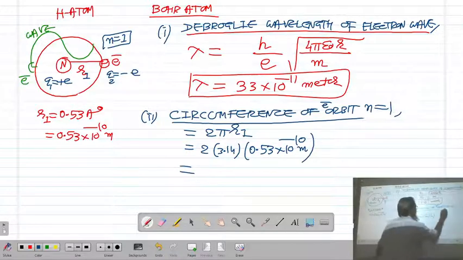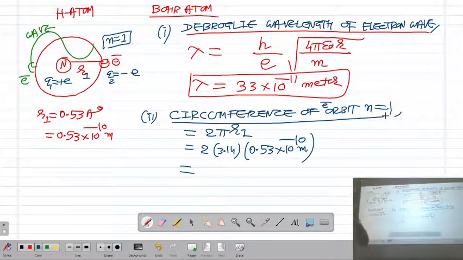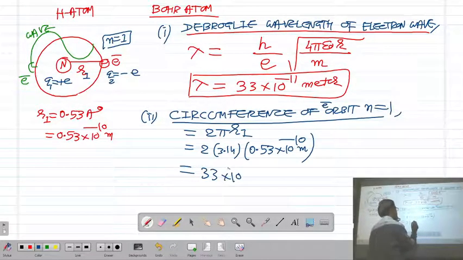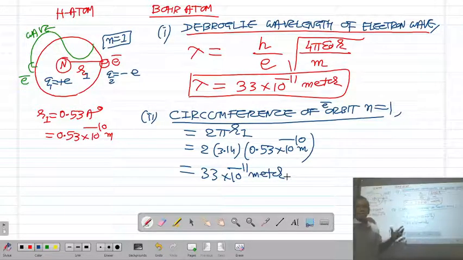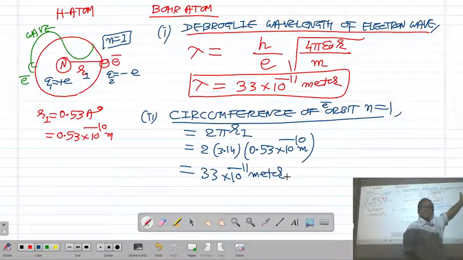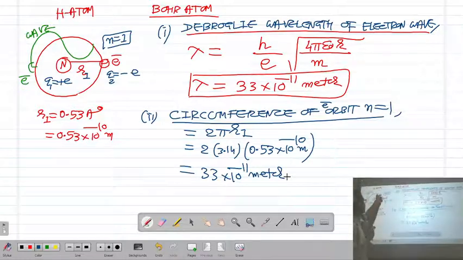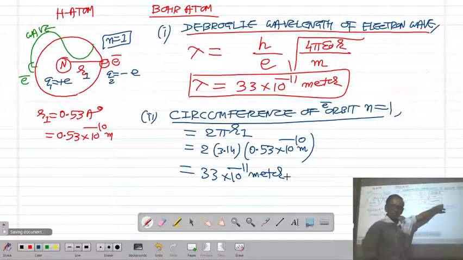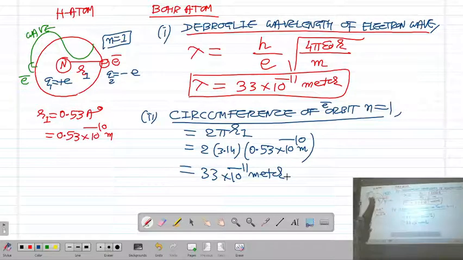The circumference of the electron orbit n is equal to 1 also comes to 33 × 10^-11 meter. So the important thing is this, that the de Broglie wavelength of the electron wave in the ground state orbit n is equal to 1 is 33 × 10^-11 meter, and the circumference of this ground state orbit is also 33 × 10^-11 meter.